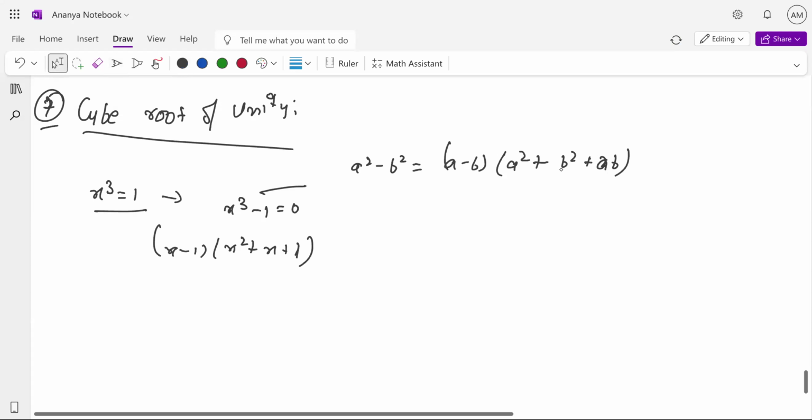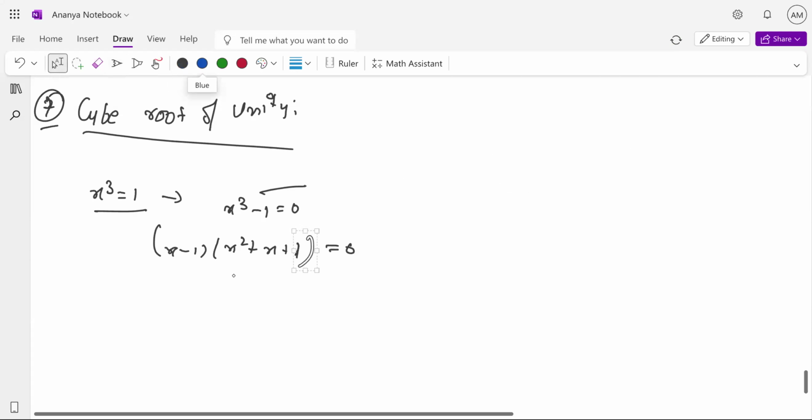So we can write this in this format, and the whole thing equals 0.